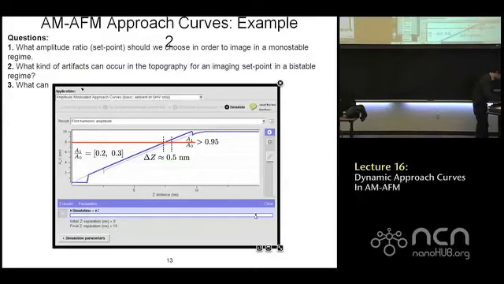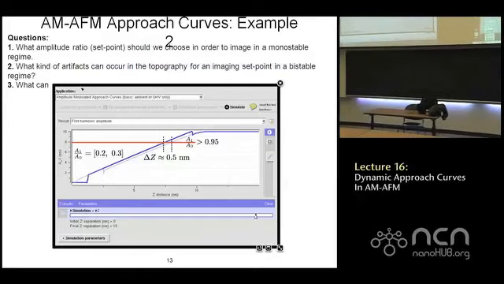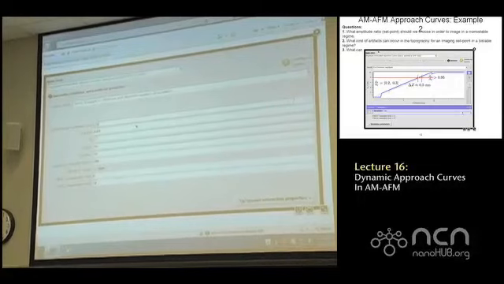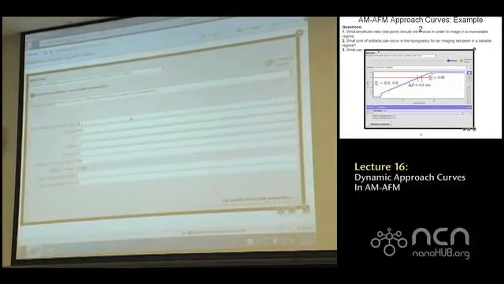I left that simulation, so we'll just do it here. We'll do it live. Let's say we increase this to 25 nanometers, or let's just double, 20 nanometers. We're going to approach now from 25 nanometers. We'll do this simulation.